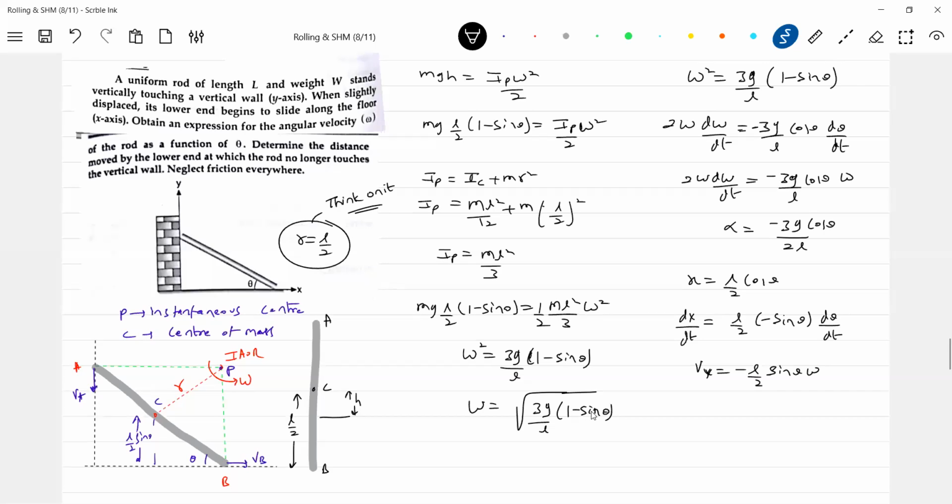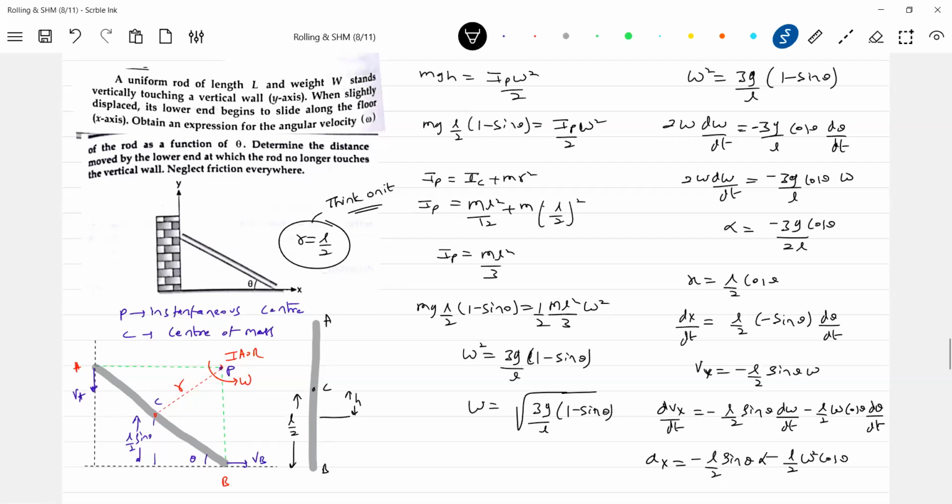Once again, let me differentiate. This will become minus L by 2 sin theta alpha minus L by 2 omega square cos theta.